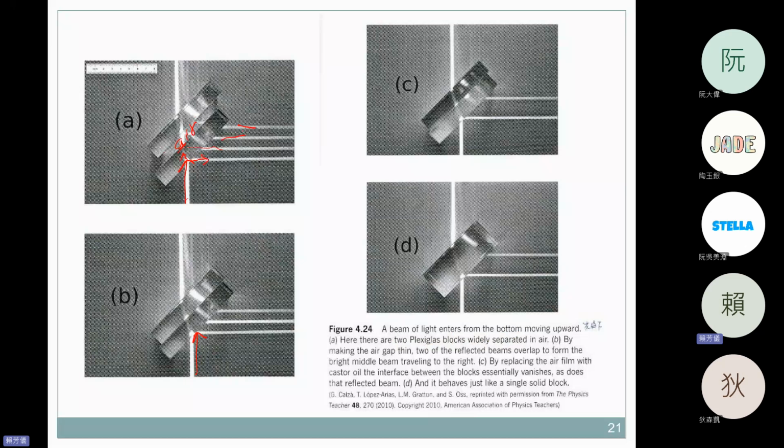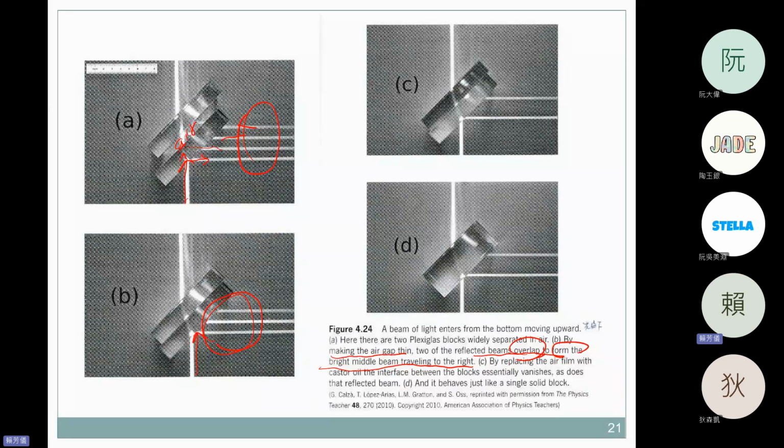So you will see many lights here, but when the air gap is made thin, two of the reflected beams overlap to form the bright middle beam traveling to the right. So you can see here the number of lights is smaller than this one.